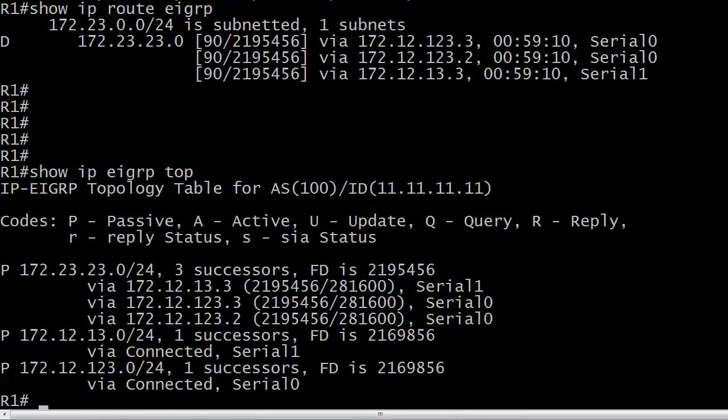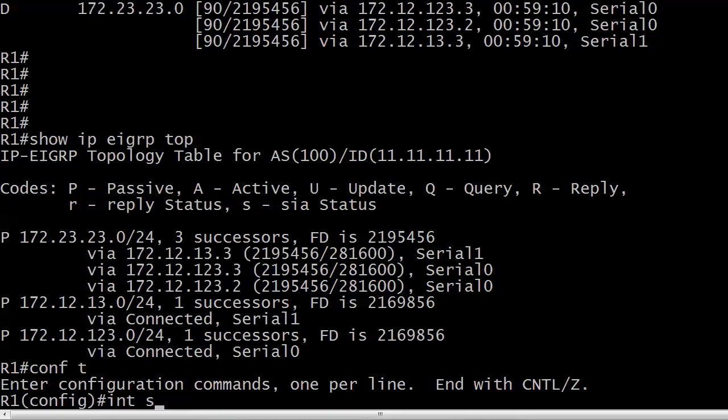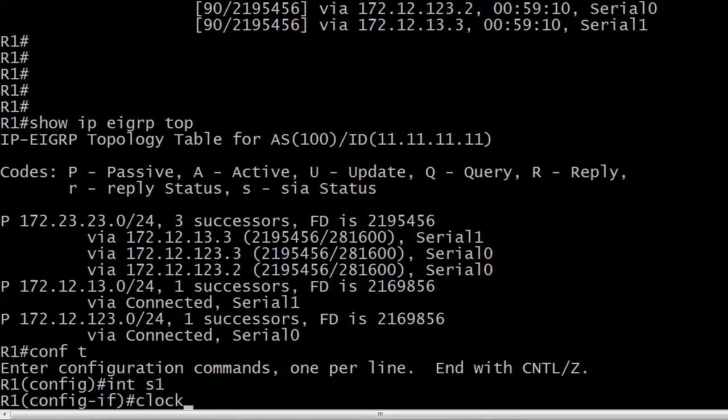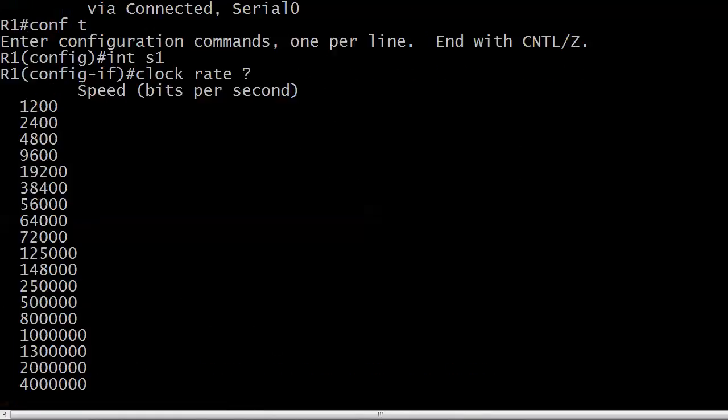What we're going to do then is change that bandwidth value. Now I want to remind you of something here, and you're already saying he's going to say that thing about using IOS help. And you're right, I am going to say that thing about using IOS help. But here's why. I see a common error made here with the bandwidth command, and I think it's because the clock rate command is so familiar to us from lab work and from our studies, and you've got to put that on the DCE end, and it has to supply the clock rate.